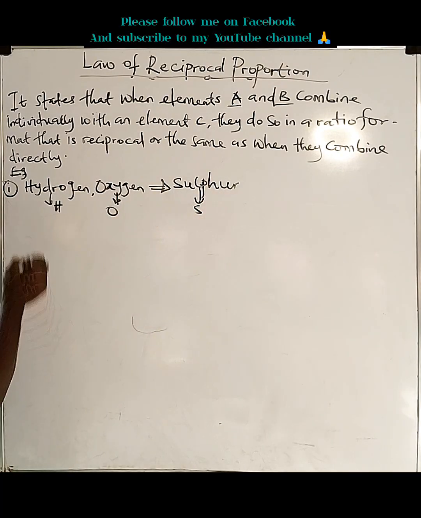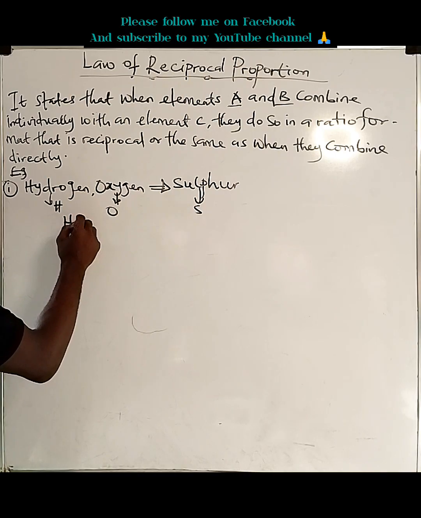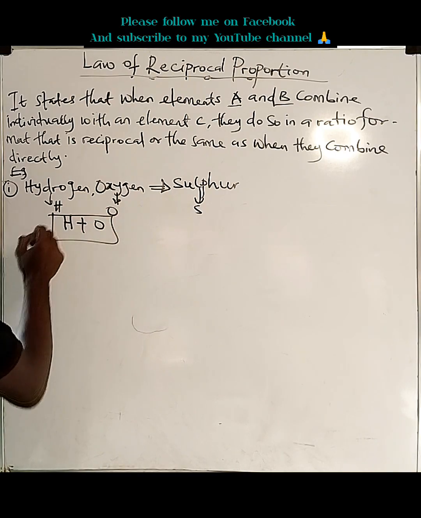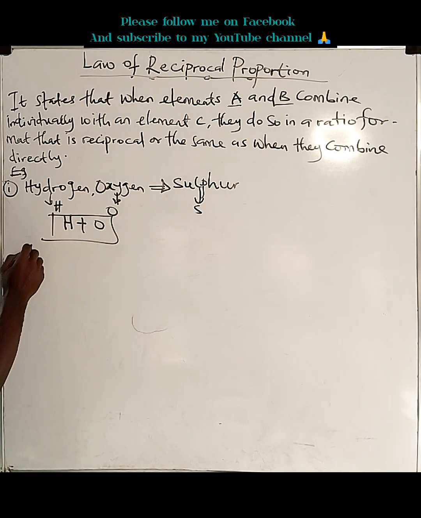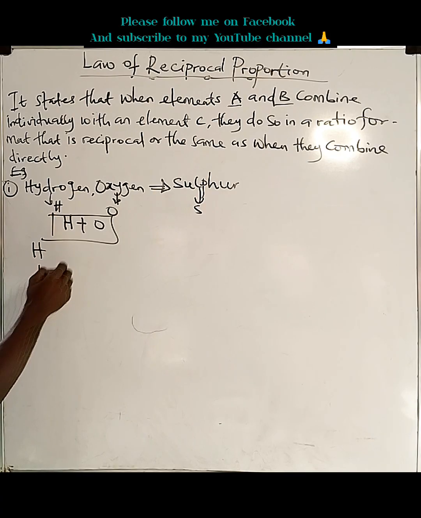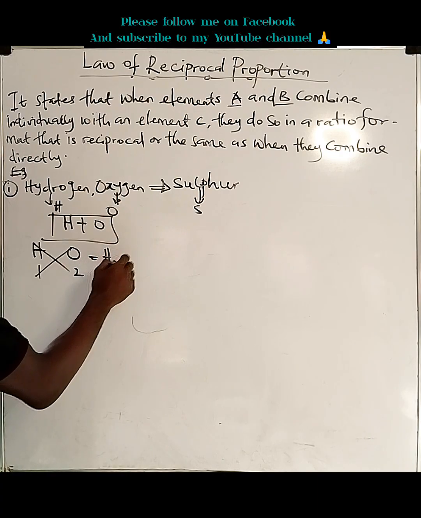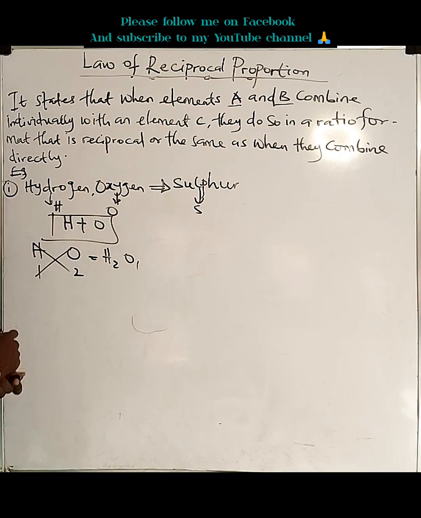First of all, hydrogen and oxygen, let's look at that. Hydrogen plus oxygen having a combination. Hydrogen naturally has a valency of 1. Oxygen has a valency of 2. So let's see what we're going to get. Hydrogen plus oxygen will give us H2O, that is H2O1. This is water. So what do we have from here?